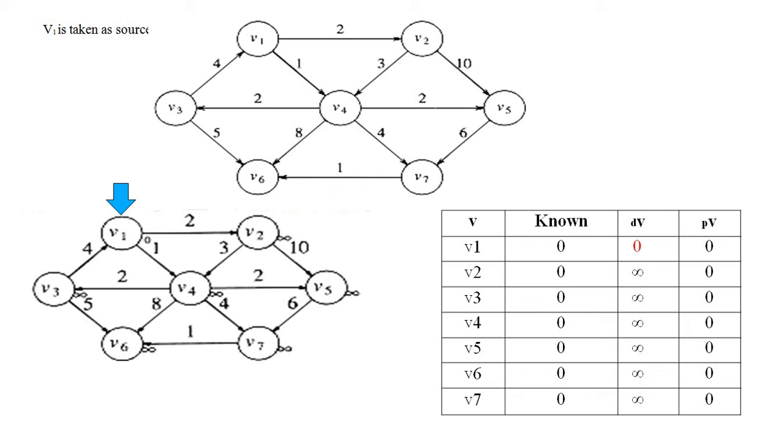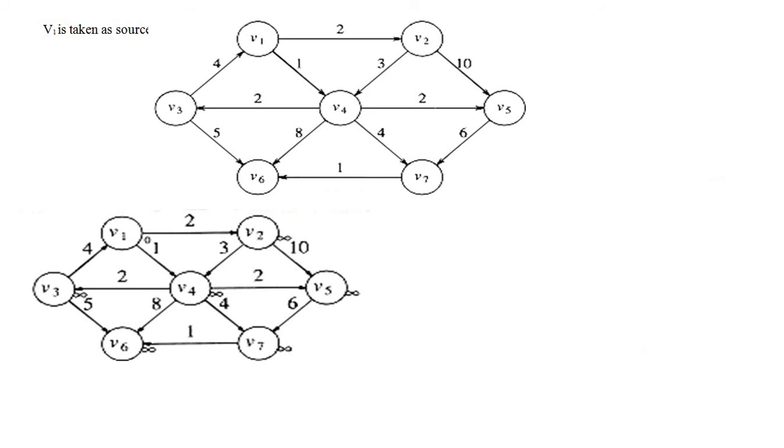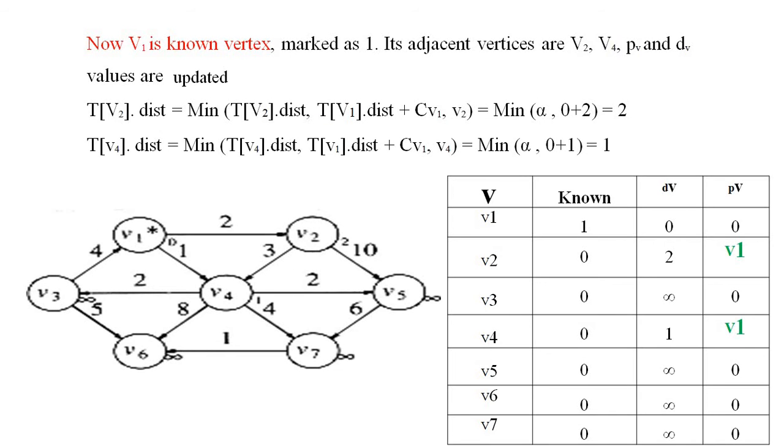The distance vector is considered as infinity. Initially v1 is the first known source, so there is no connection between v1 and v1, so we can consider it as 0. Then for the path vector, there is no connection between v1 and v1, so we can consider all path vectors as 0.